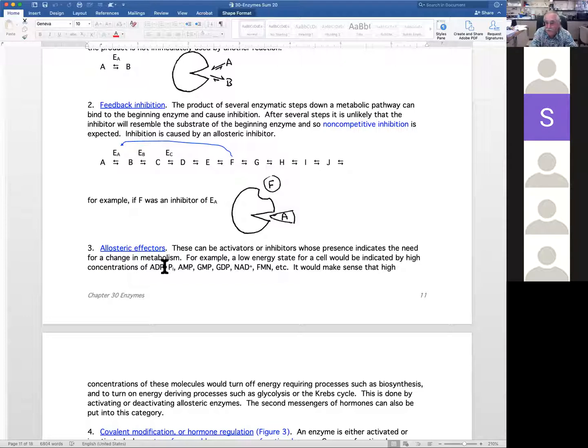Now's the time you're going to use energy to biosynthesize something? When do you do biosynthesis? When you have adequate energy. If you have adequate energy, that means you got mostly ATP. You don't have a whole bunch of ADP. See how that works? And it makes no sense to be degrading something for energy and at the same time building up that same thing in biosynthesis. Makes no sense.